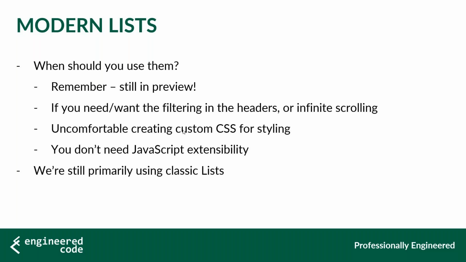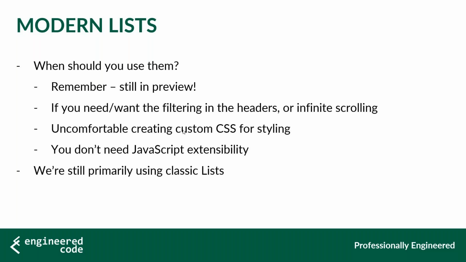For us, we're primarily still using classic lists. To me, that JavaScript roadblock is enough that even if a client really likes the look and feel of the new one, blocking the ability to do JavaScript is too much of a deal breaker right now. Even if they don't need it today, often many lists will have a touch of JavaScript that they want to do something with, and when you pick modern lists, you can't do that right now.